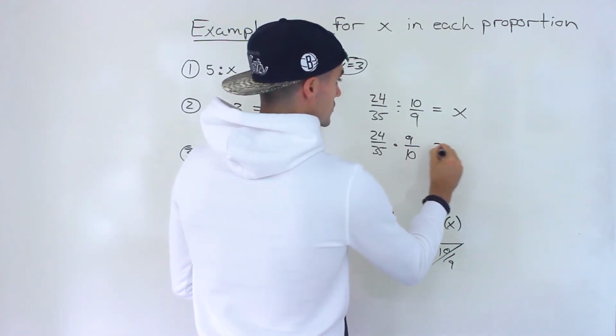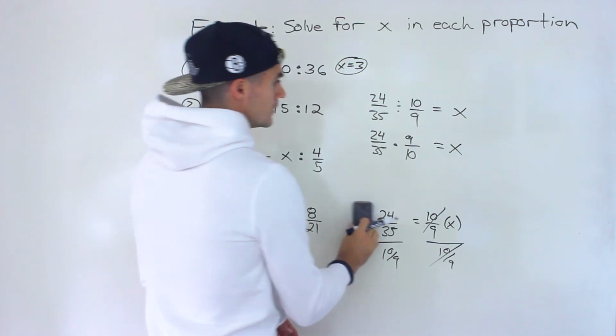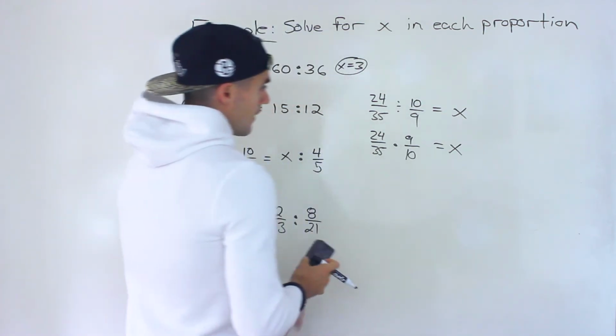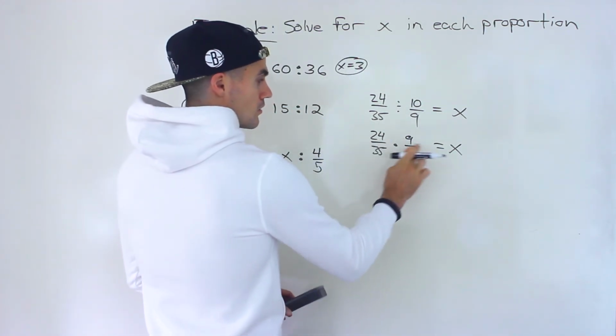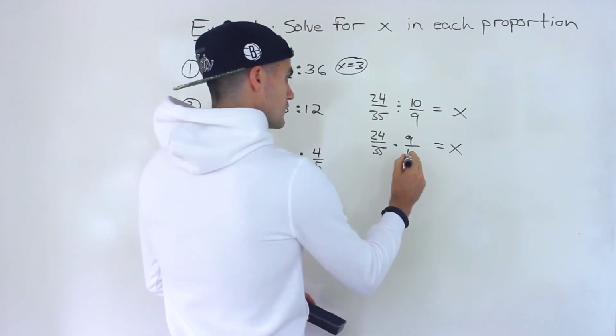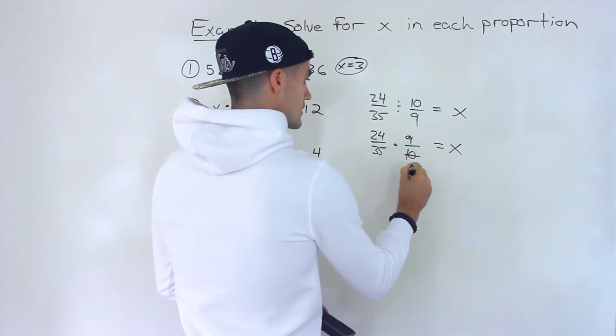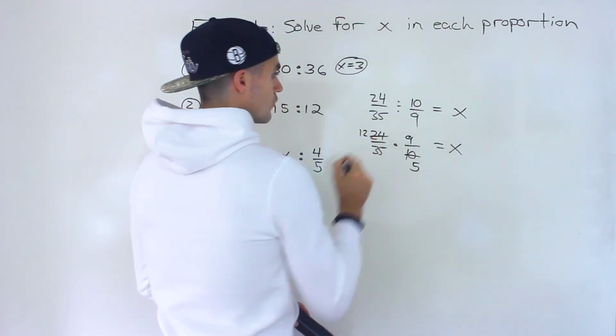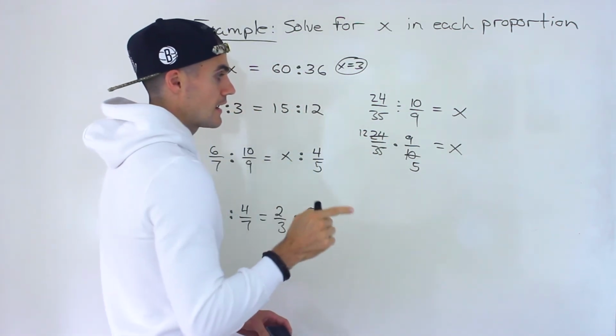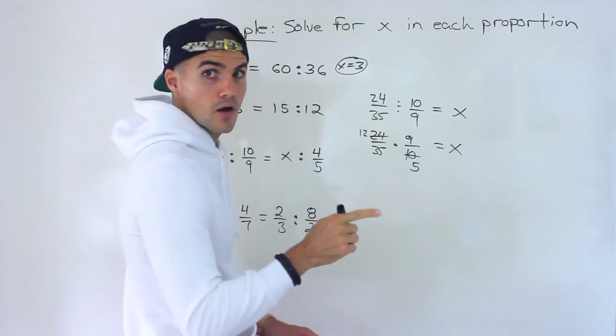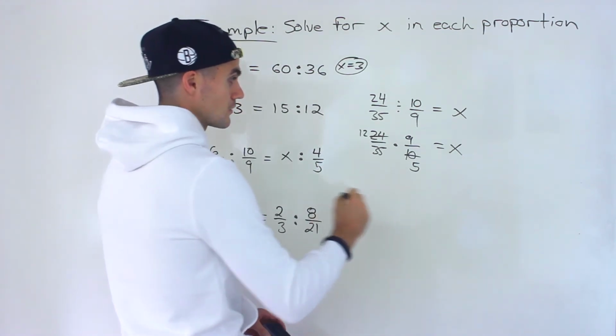Right, we flip the fraction and multiply it now. And then we can multiply the numerators and denominators. Notice we could simplify here a bit. So notice that 24 over 10, that could simplify to 12 over 5. And now we can multiply from here. That's what I would recommend doing.